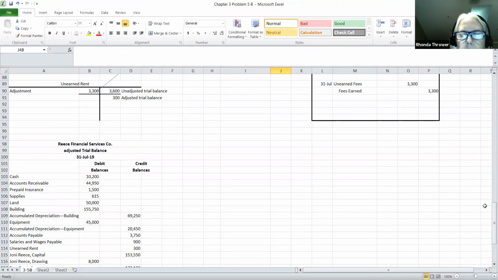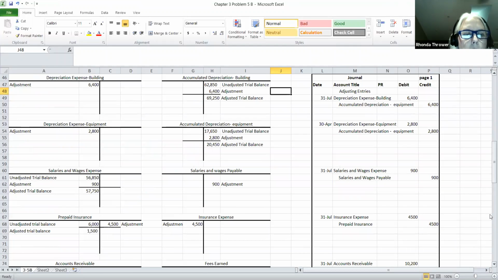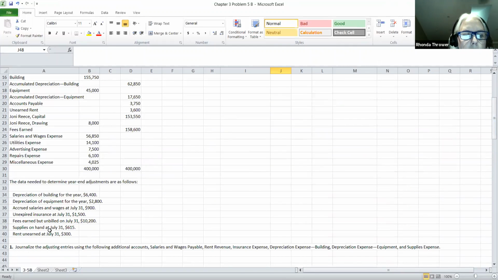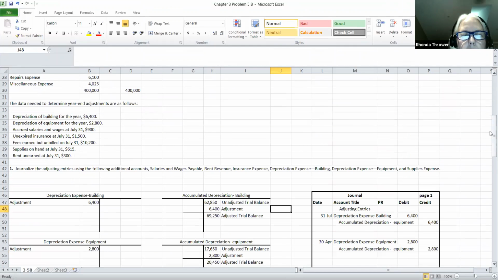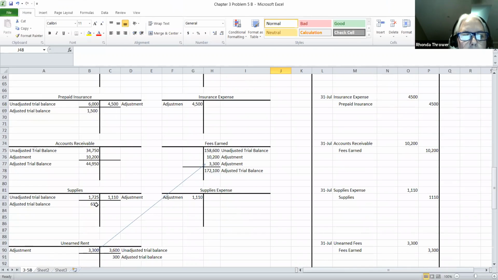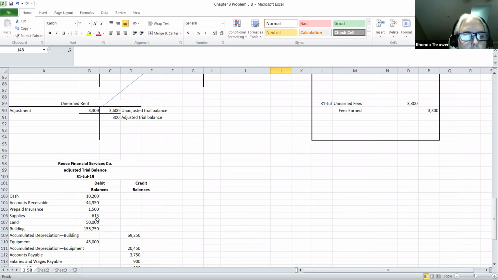Your supplies was also adjusted. It had a previous balance of $1,725, but because they told us that the supplies on hand was $615, our T account that we made for supplies has a balance of $615 that is brought forward to the adjusted trial balance.